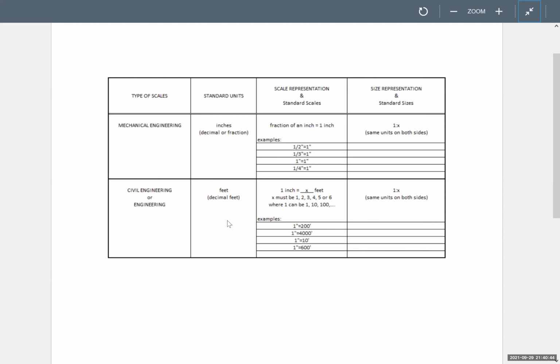Right, and X, what can X be? X can be any amount of feet that starts with a number between 1 and 6, and anything after the first number would have to be a 0.